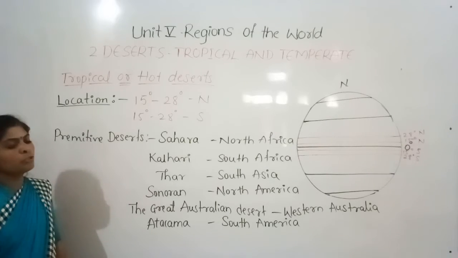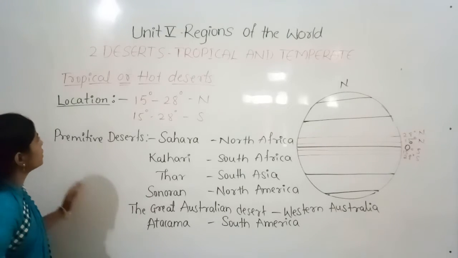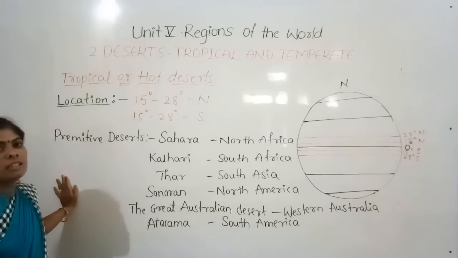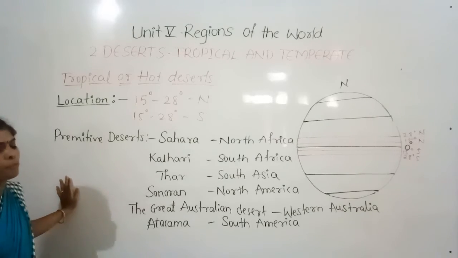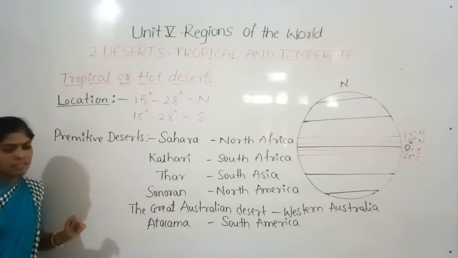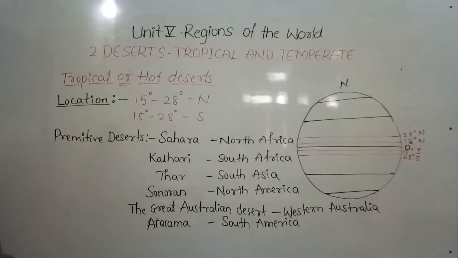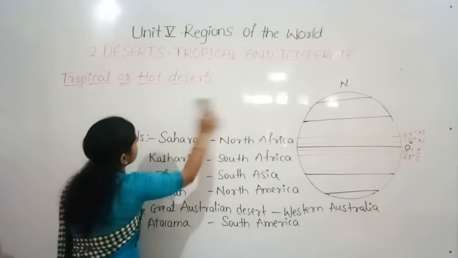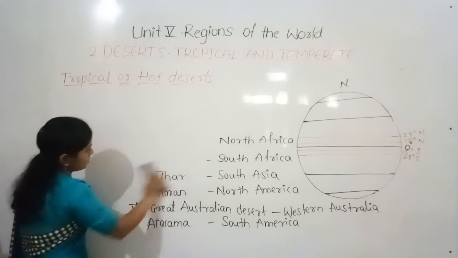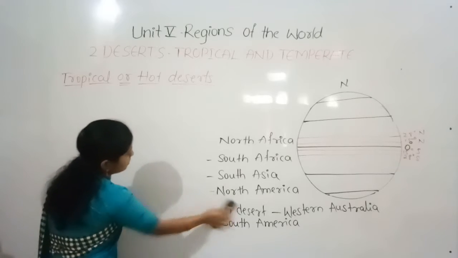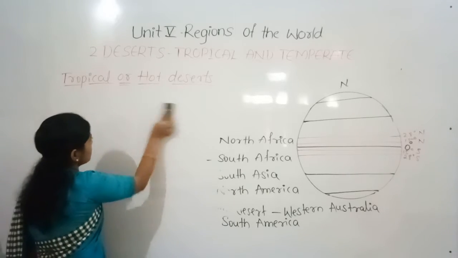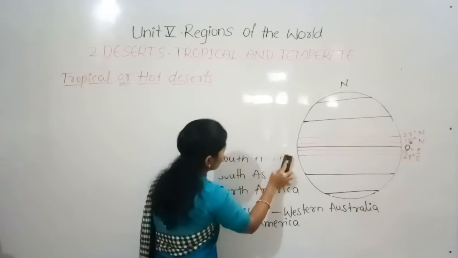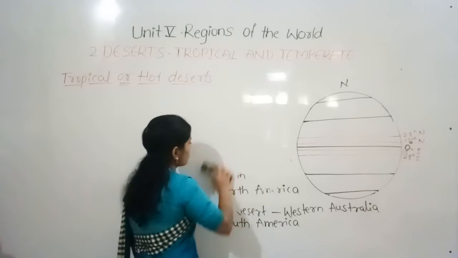Right? So this is about the location of the tropical or hot deserts. And now we can discuss the climate of the tropical or hot deserts. Since they are present near the equator, the temperature will be high.